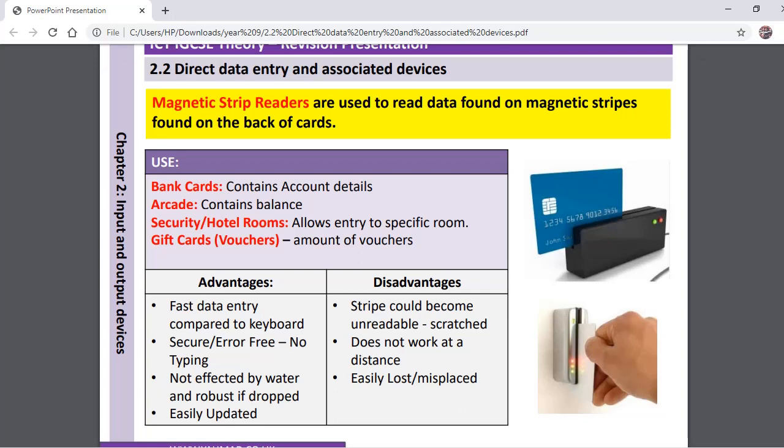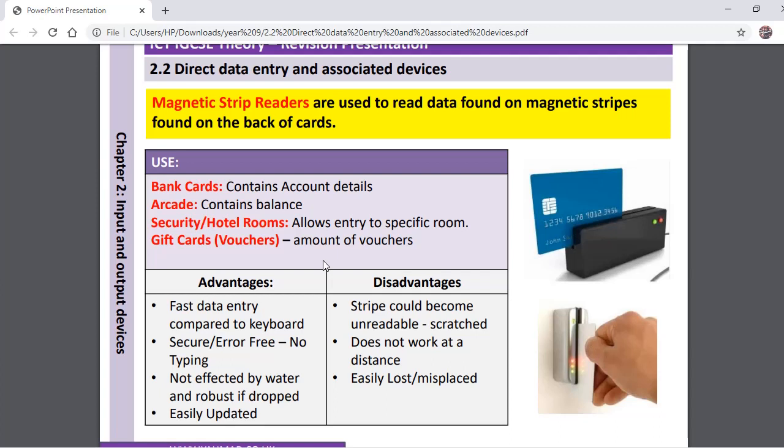Magnetic strip readers are used to read data found on magnetic strips found on the back of a card, such as an ATM card. Usage: bank cards contain account details, arcade balance, security, hotel rooms, allows entry to a specific room, gift card or the vouchers, control the amount of the voucher.